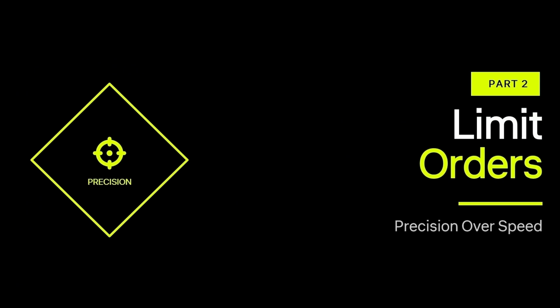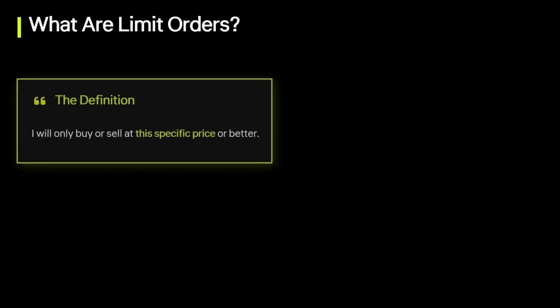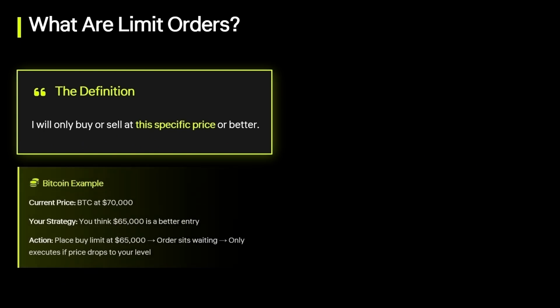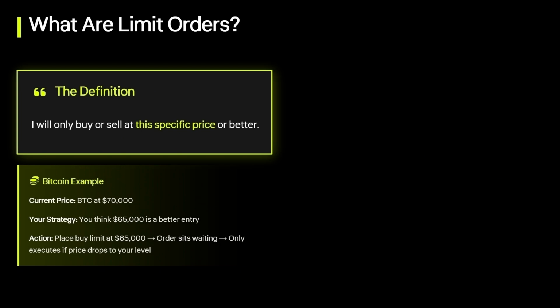Now let's talk about the limit orders, which is almost the exact opposite. A limit order means I will only buy or sell at a specific price or better. For example, imagine Bitcoin is trading around $70,000, but you think $65,000 is a better entry.